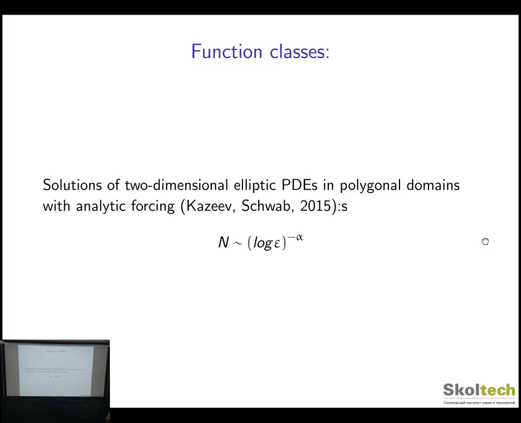Instead of storing a vector, you store this 3-dimensional object, so it's a non-linear parameterization of a function, and that's the effective number of degrees of freedom. The number of degrees of freedom for the class of 2-dimensional elliptic PDEs and polygonal domains, you have to think how you deal with polygonal domains and what the forcing is, but it's all in there.